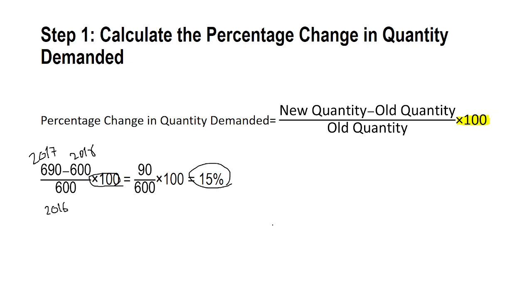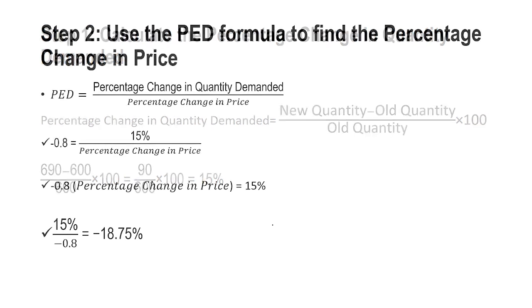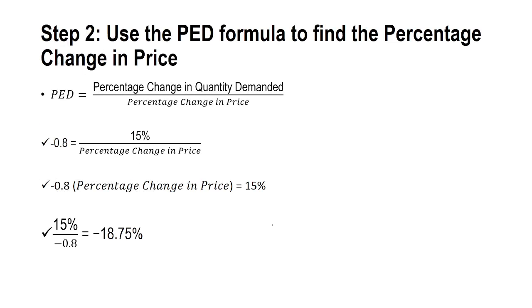But the question asks us for the change in price, not in demand. So we need to continue our journey. In the next step, we want to use the percentage change in quantity demanded in the original formula that was provided at first.